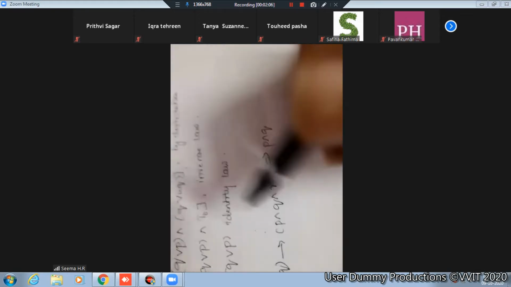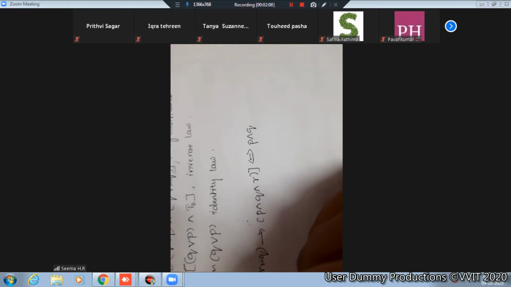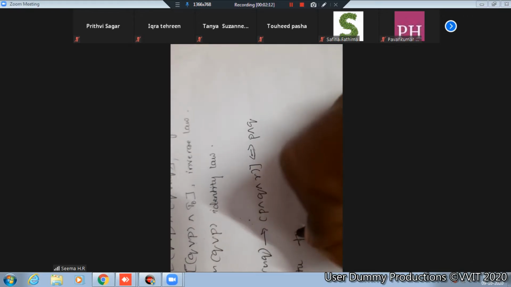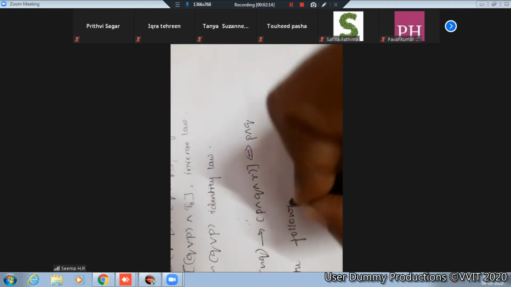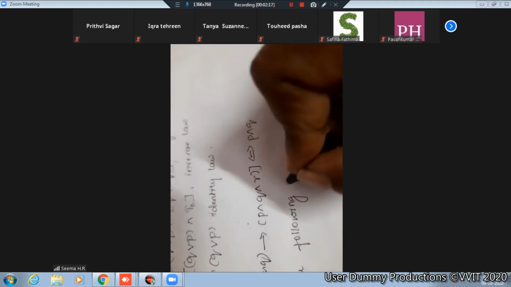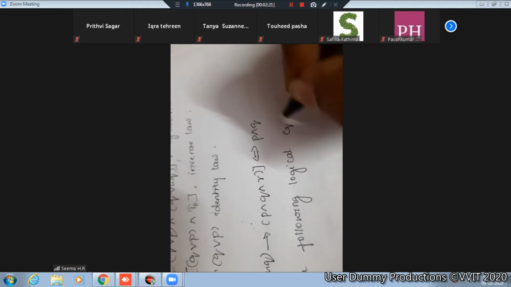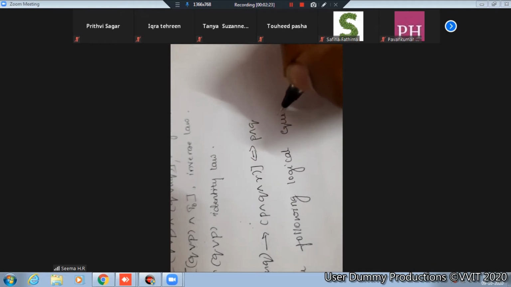Prove the following logical equivalences.